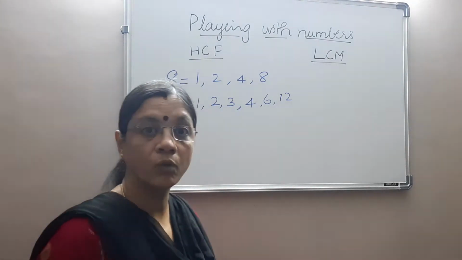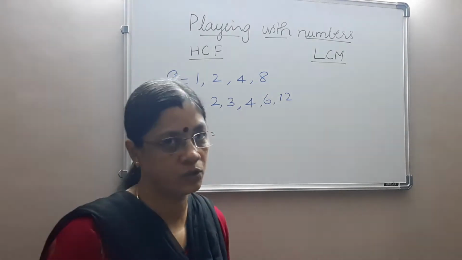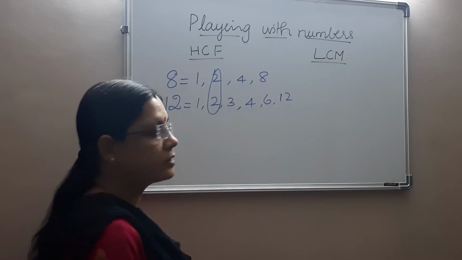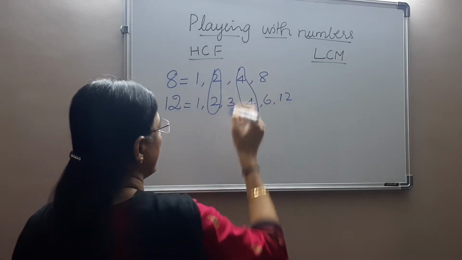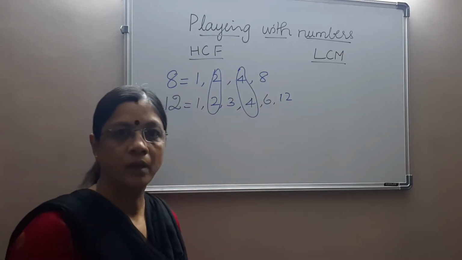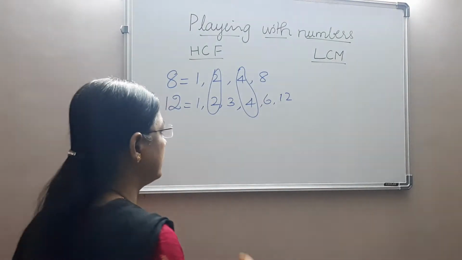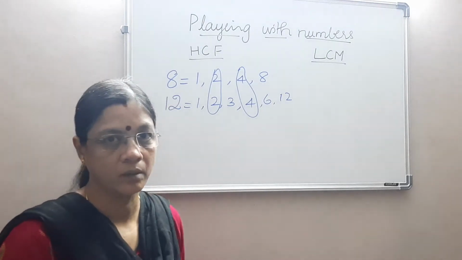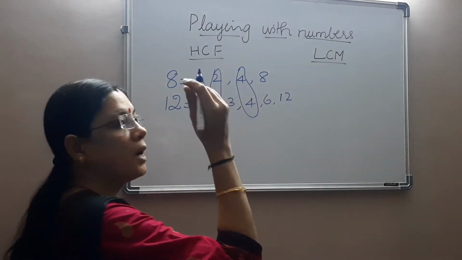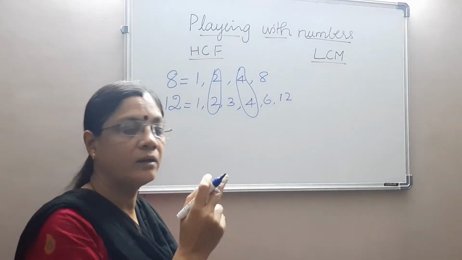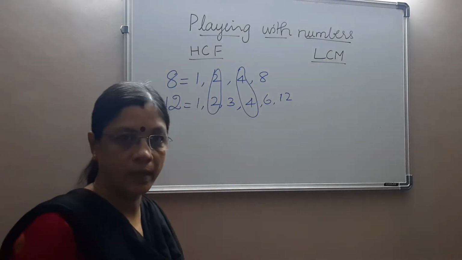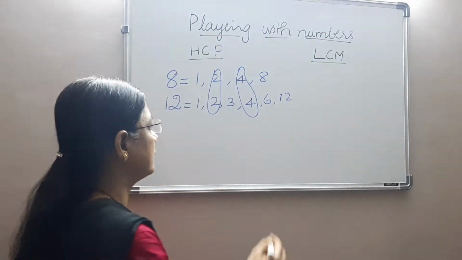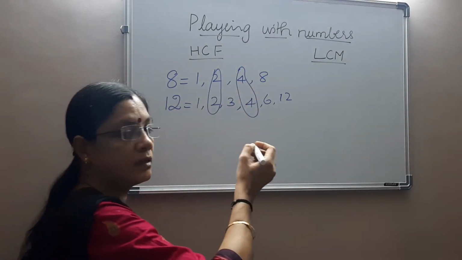Now let me see what are the common factors I have for the two numbers. See, I have 2 as a common factor and the next one is 4 as the common factor. Now how do I find out the highest common factor? I need to pick it. Because I am concerned with the highest common factor which can divide both 8 and 12, obviously the highest common factor here is 4.